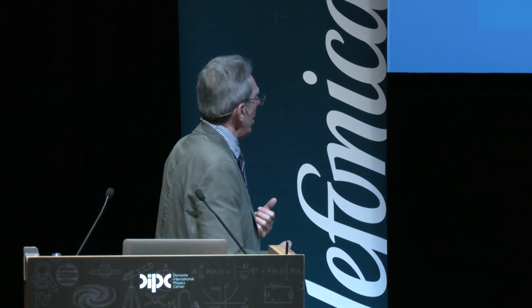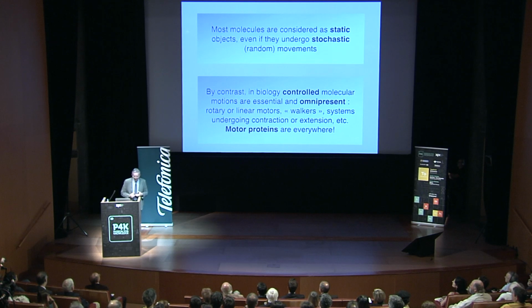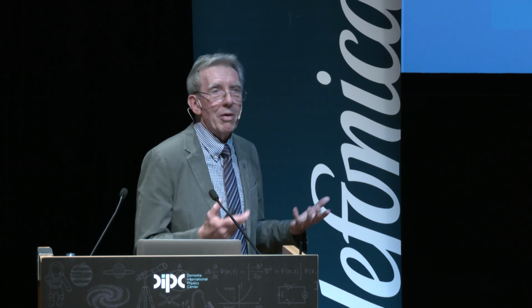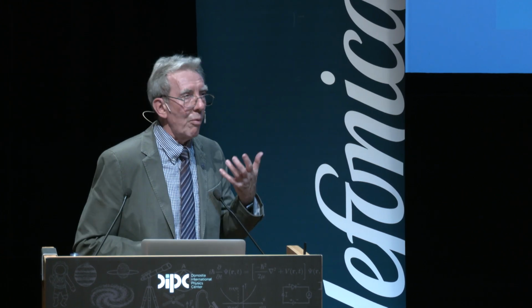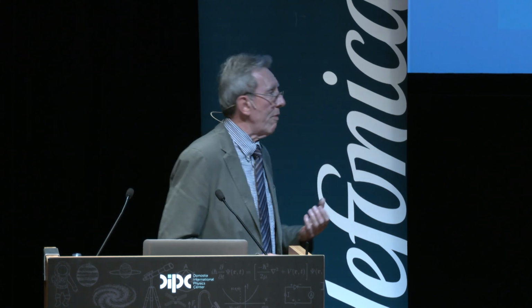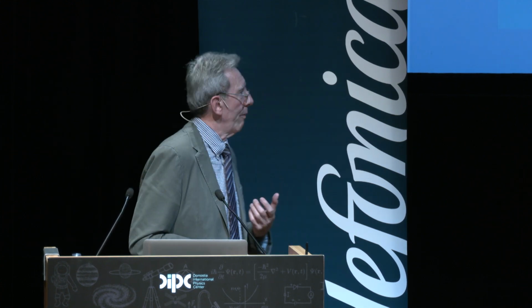And these species are called motor proteins. So motor proteins, this is a very important family of biological molecules which are absolutely essential to life and omnipresent. You cannot think of any important biological process not involving motor proteins.